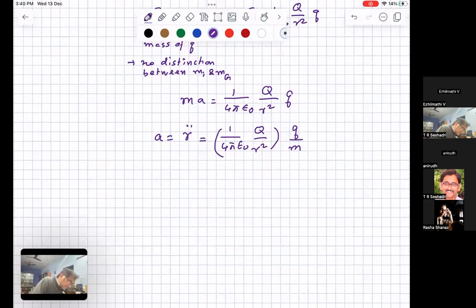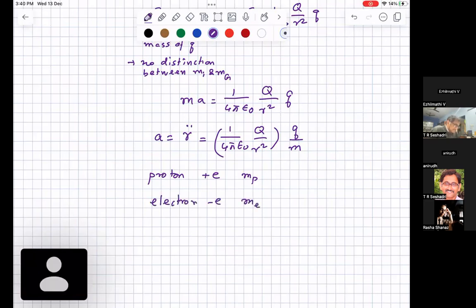Now, suppose I have a proton, I have plus E and mass of the proton. And an electron, I have minus E and mass of the electron.